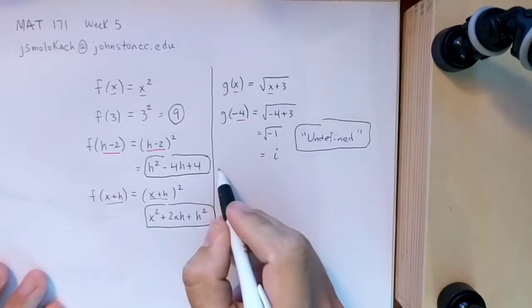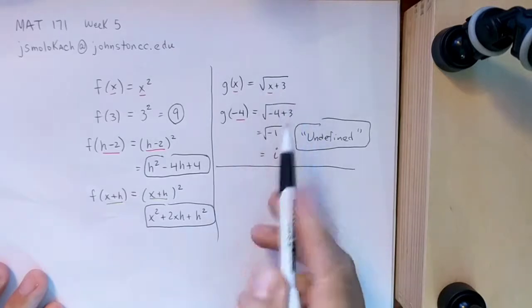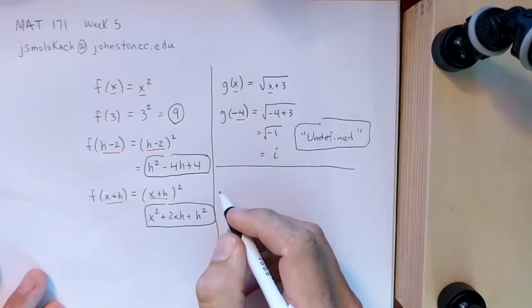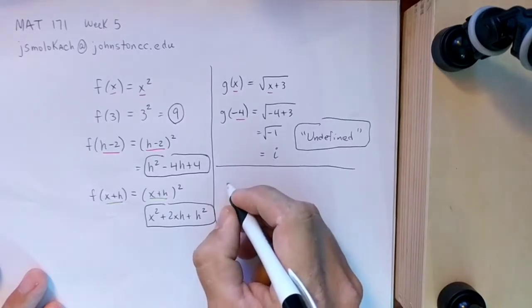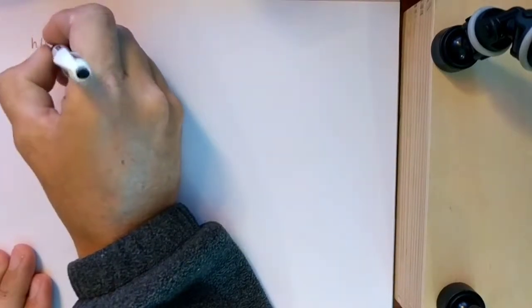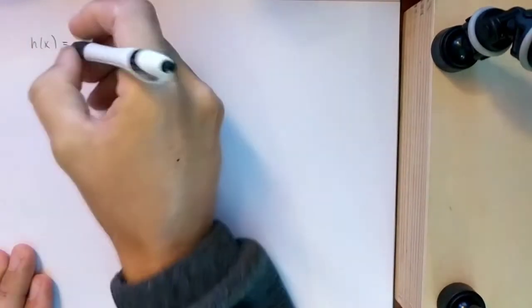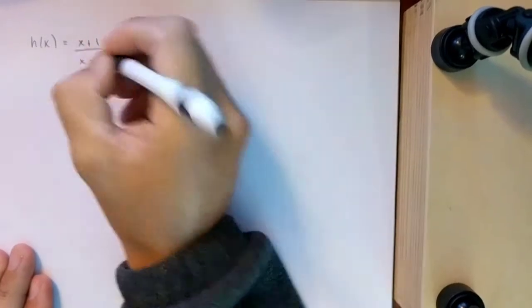Okay, there's one more function that has a problem with it besides the square root function, and that's what we call a rational function. So let's say that we have a function h of x, and h of x is x plus 1 over x minus 1.